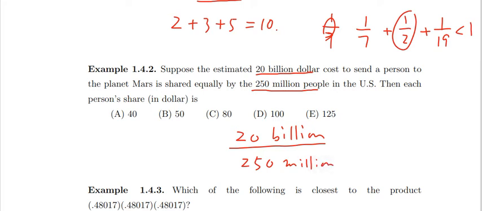Let's say a billion is, I got confused also, a billion equals how much in millions? I think maybe 1,000 million. So it is just 20 multiplied by 1,000 over 250. Cancel the 0, and this equals 4, so it's just like 80.